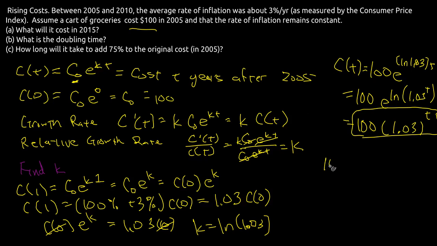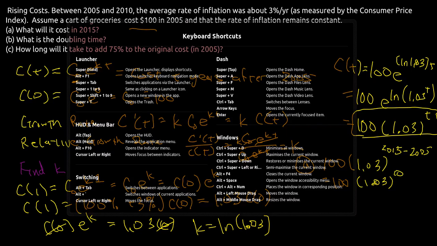So we're going to plug in the number of years after 2005. So we have to take the difference, 2015 minus 2005, and of course that's 10 years. So we have 100 times 1.03 to the 10th power.